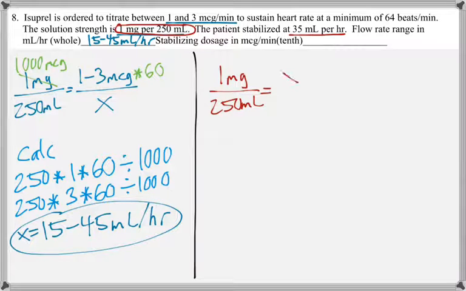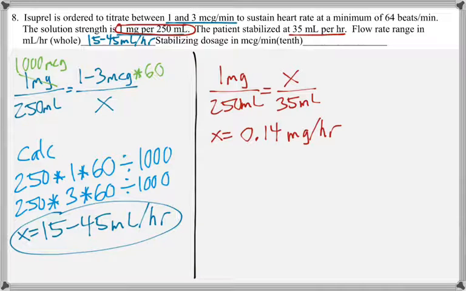I'm actually using the solution strength twice in these titration problems. Okay, so we get 0.14, and this is milligrams per hour.